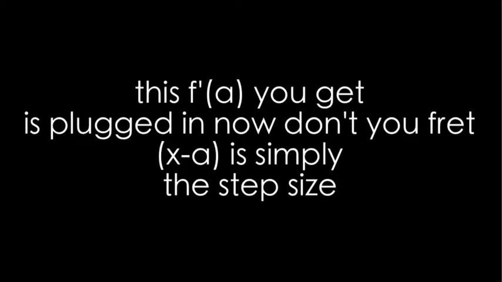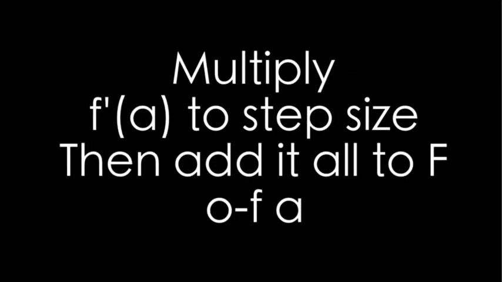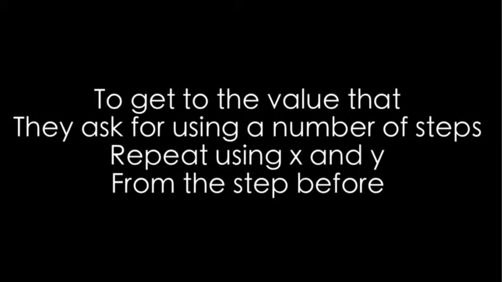X minus a is simply the step size. Multiply f prime of a by the step size, then add it all to f of a to get to the value that they ask for using a number of steps.